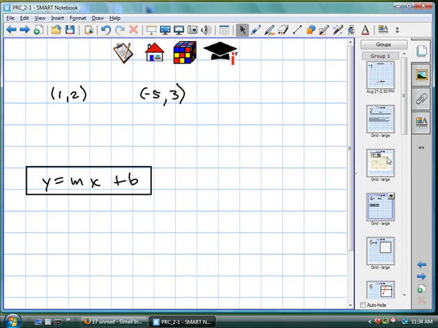So, given 2 points, find the equation of the line that contains them. And of course, you remember, I'm sure, this old adage, 2 points determine a line. If you have 2 separate points, there's only one possible line that can connect them, right? If you pick another line, it just can't be in a different place. There's only one line that connects 2 points. So let's find that line.